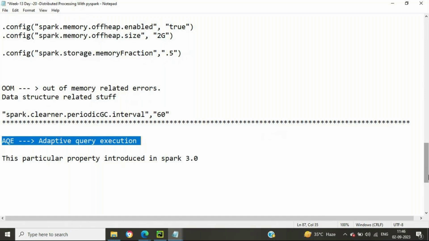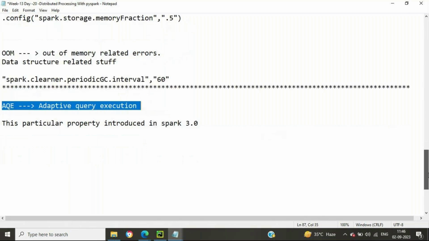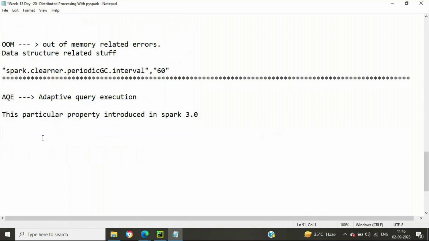Over here, inside PySpark, say we have a particular DAG, that is a directed acyclic graph. Without AQE, based upon the DAG, a plan is prepared, and that will be a static plan. Based upon the static plan, the execution will happen, and we will be able to get the outcome.